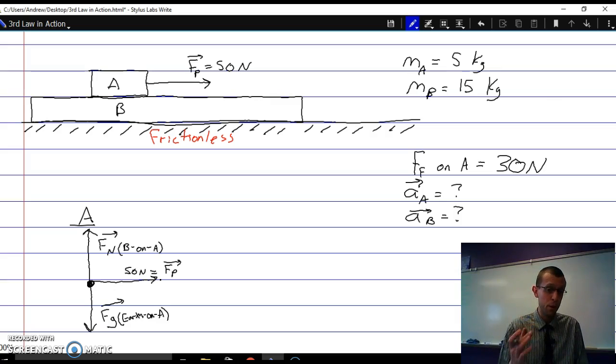So in order to oppose that, it would try and push block A to the left, or pull block A to the left here. Try and stop block A from sliding past block B. So this one is going to have a 30 Newton frictional force. FF equals 30 newtons.